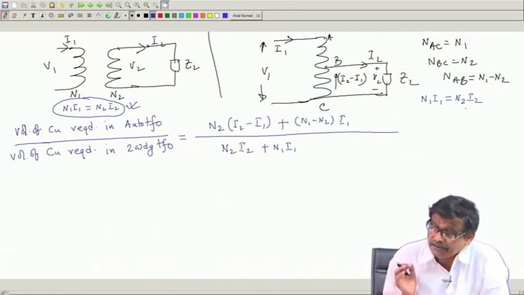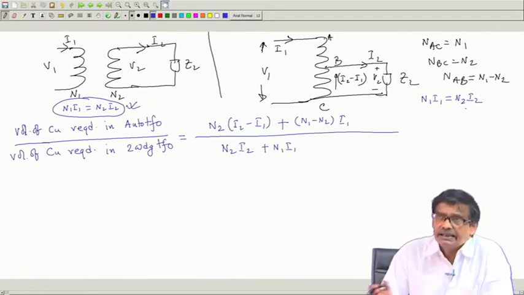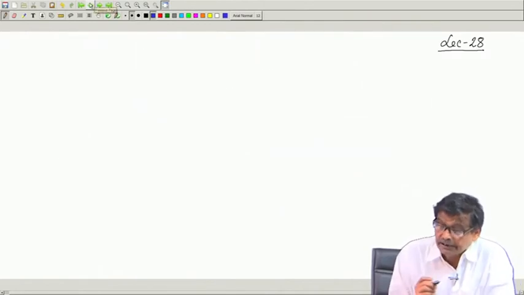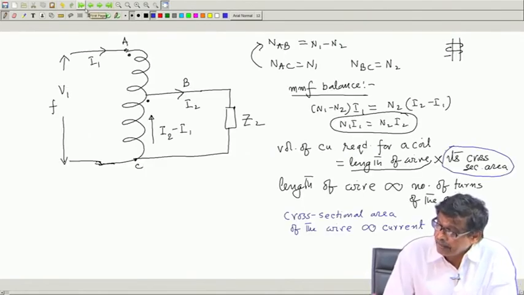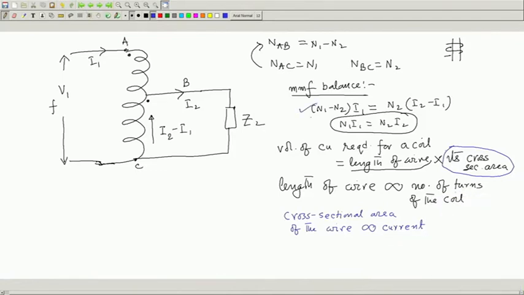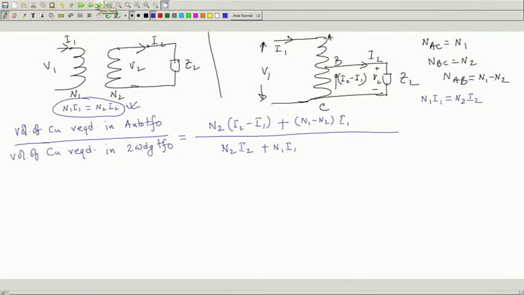Although I should not say that N1 I1 is the MMF like that, which portion I do not know, but I found out very meticulously this relationship from N1 minus N2 into I1 is equal to N2 into I2 minus I1. From that also something was obtained. Therefore, it looks like N1 I1 is equal to N2 I2 is also true.